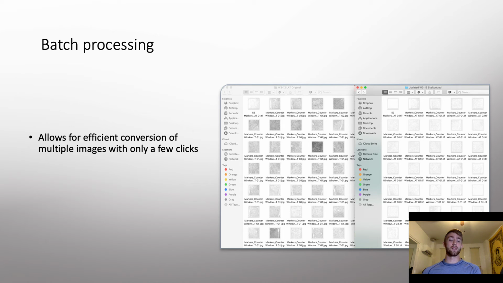A part of this is batch processing, where instead of editing each image one by one, I can take a protocol for editing images and apply it to 100 fluorescent images of the neurons. This greatly speeds up and optimizes the process for data collection.